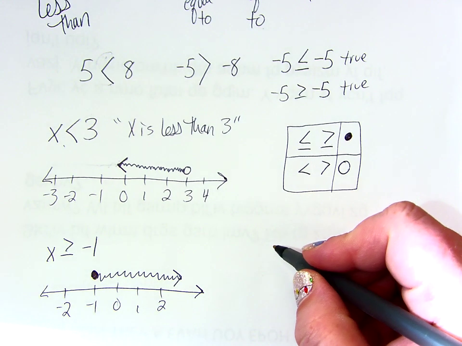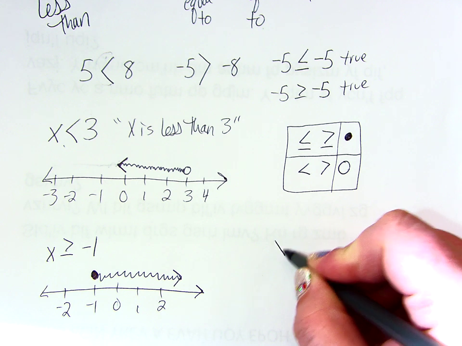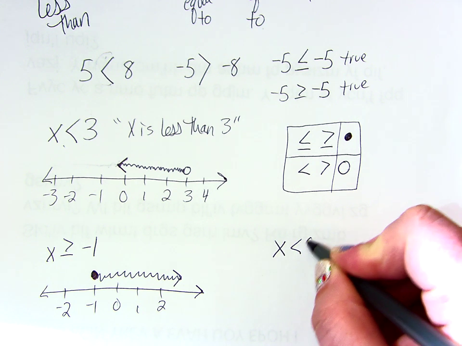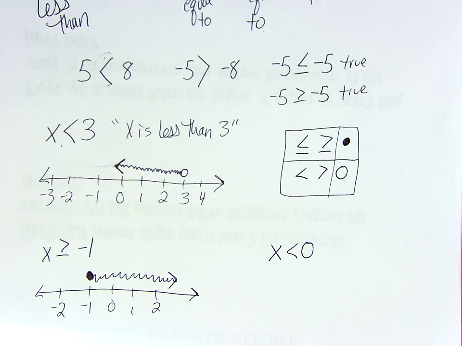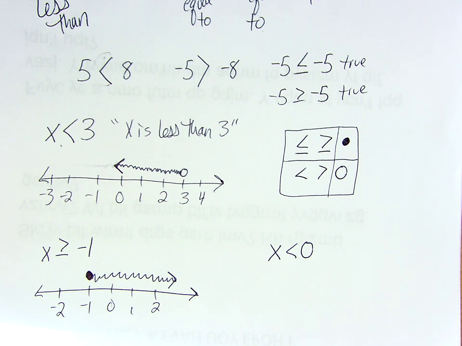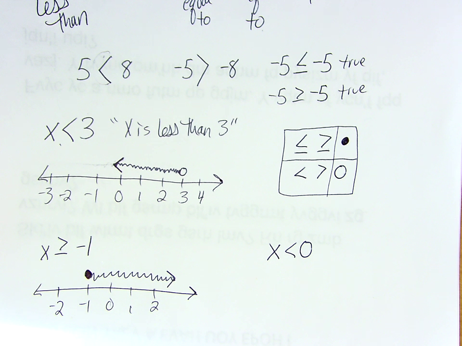Everybody graph for me what you think this looks like. X is less than 0. Give me that on a number line. Any negative number. True, but show me on the number line what that would look like.